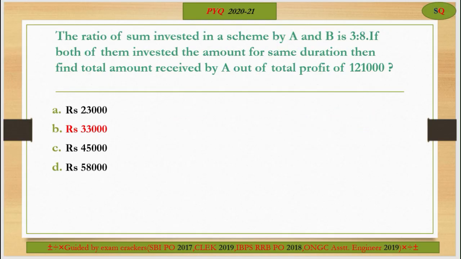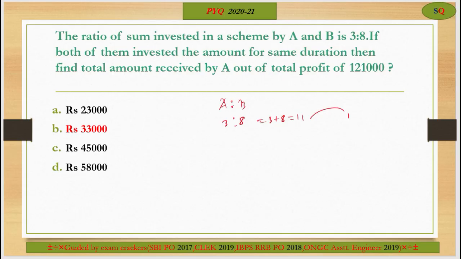The ratio of sum of investment by A and B is 3:8. If both of them invested the amount for the same duration, then find the total amount received by A out of the total profit. So given the investment ratio, A is to B, A is 3, B is 8. So total 3 plus 8 equals 11.